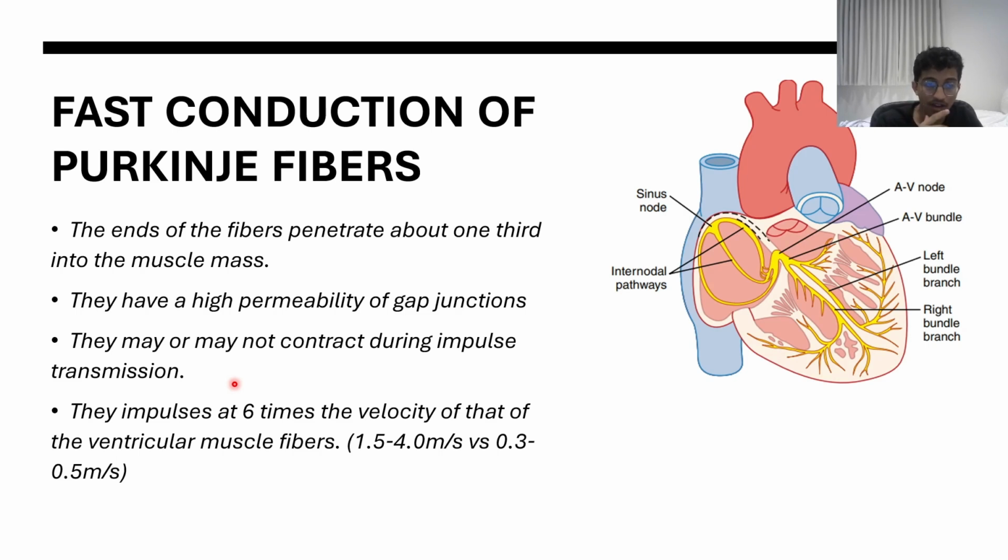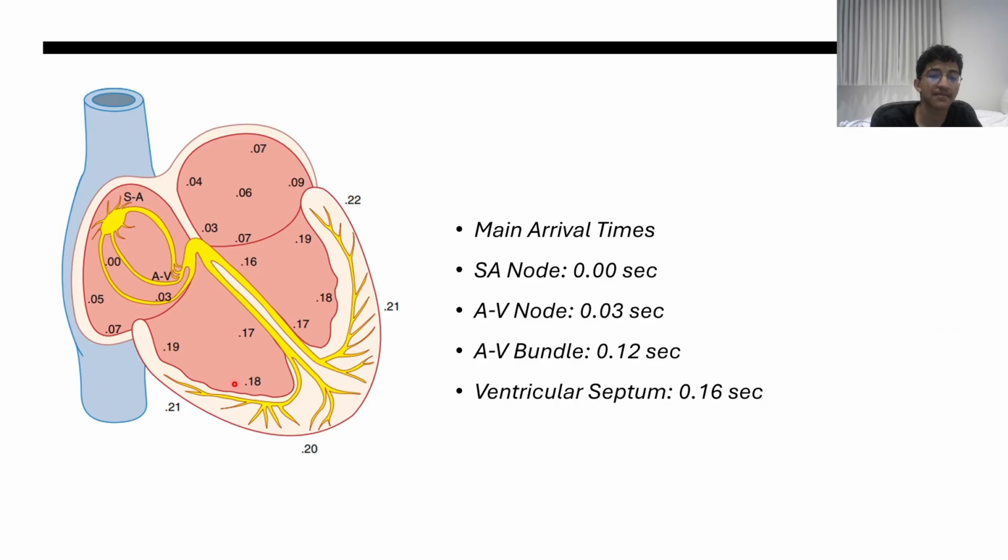And then another property is that they may or may not contract during impulse transmission. They don't always contract. And like I said, they carry the impulse at a very fast rate. This is very important to remember. They carry the impulse at 6 times the velocity of that of the ventricular muscle fibers.